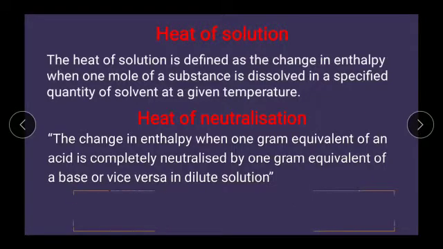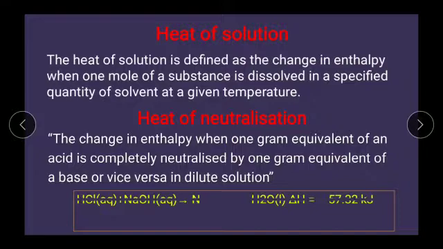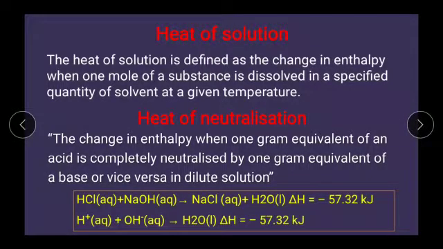We have to see one example. Hydrochloric acid and sodium hydroxide give us sodium chloride and water. What is the enthalpy del H? Minus 57.32 kilojoule per mole. The HCl plus NaOH, we are getting NaCl plus H2O.